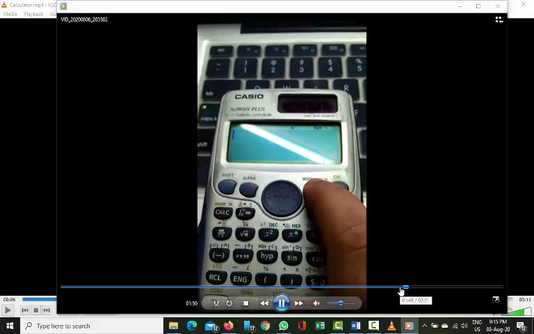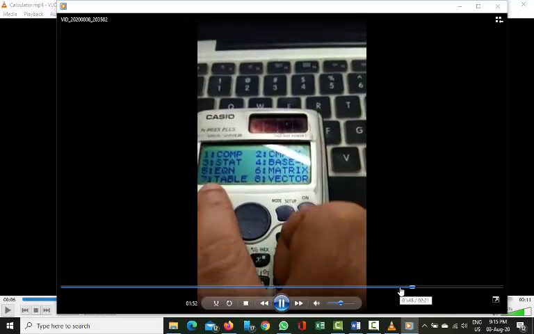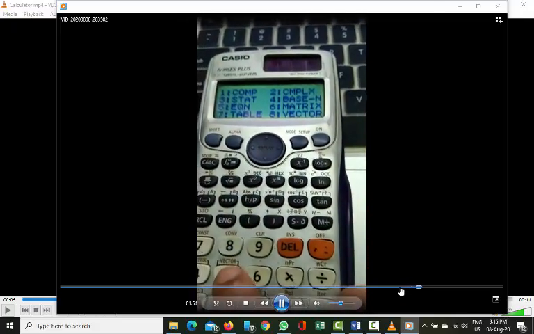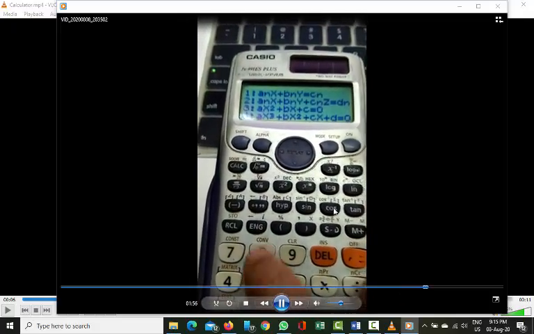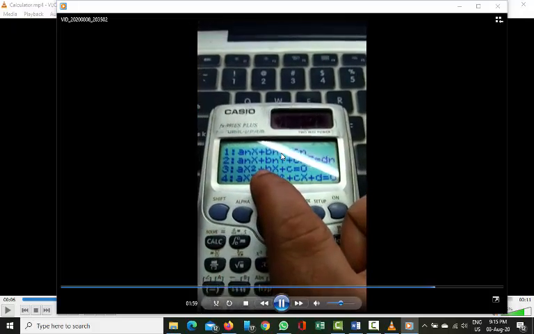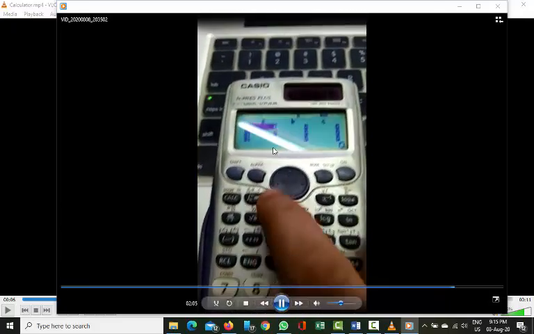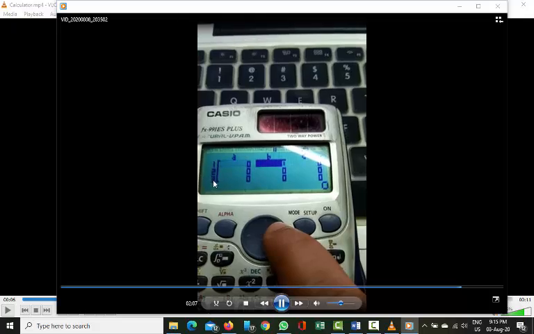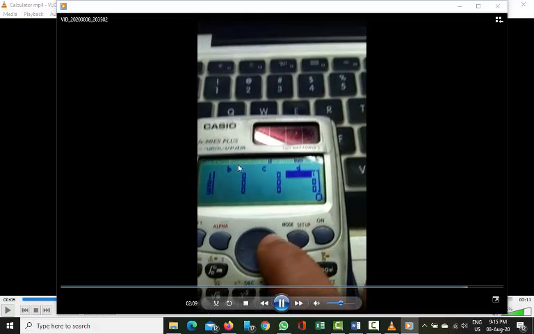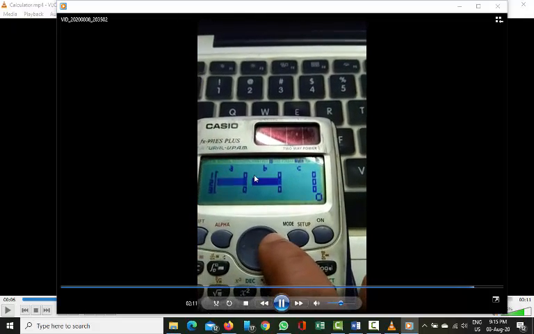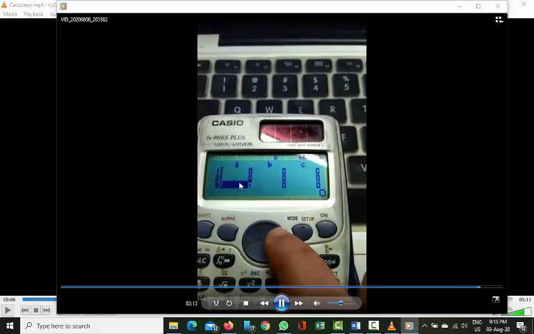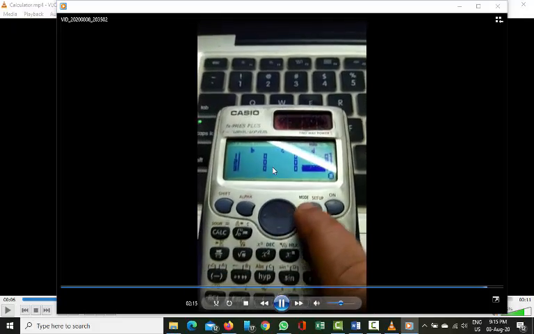So if you choose number 2, you will see 3 equations, 1, 2, 3 means 3 equations. Here the A, B, C, D columns will be there. So you should input all the values there. After you type each value, press equal to input that value.